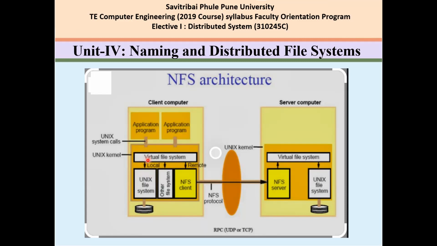Then the virtual file system is locally connected to the Unix file system and other file systems, so they access these within the client module. That's why it is local. Through this remote connection, the NFS client is going to interact through this communication channel, or bridge, with the NFS server, which is located at the server computer.